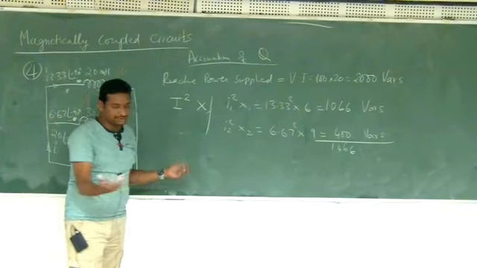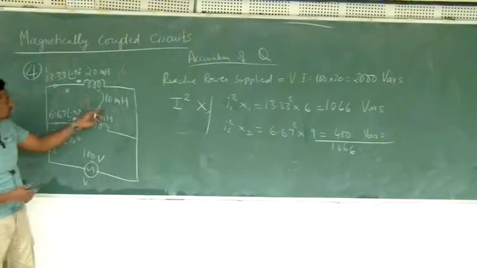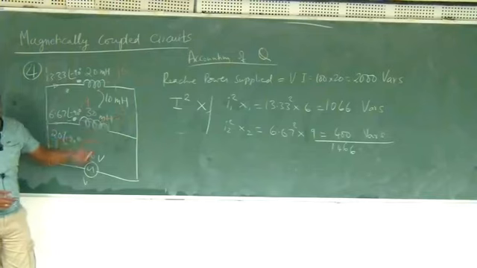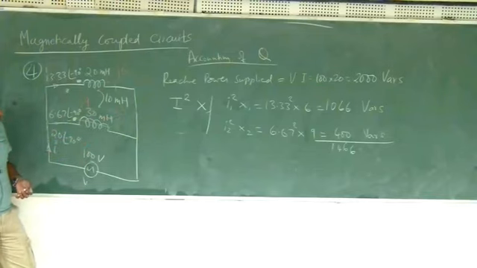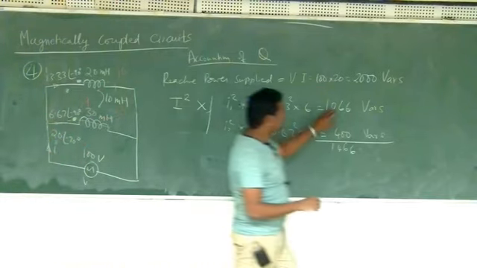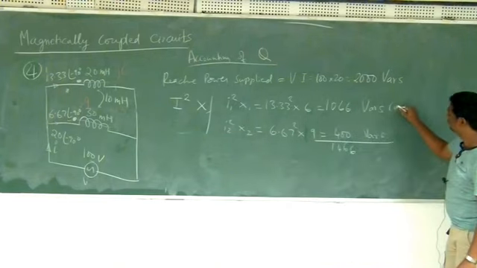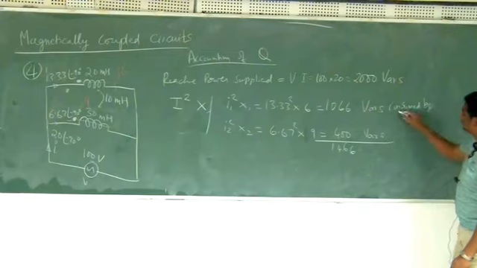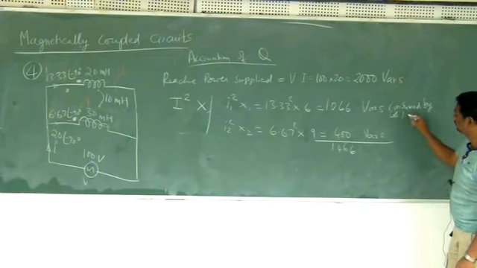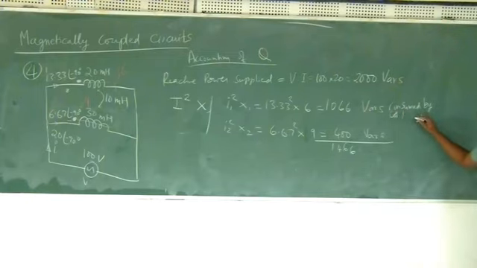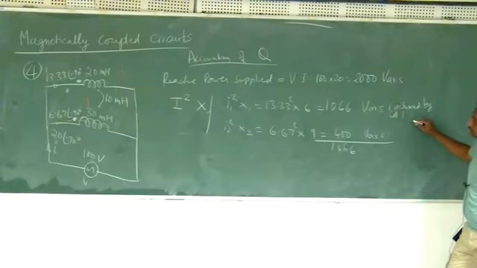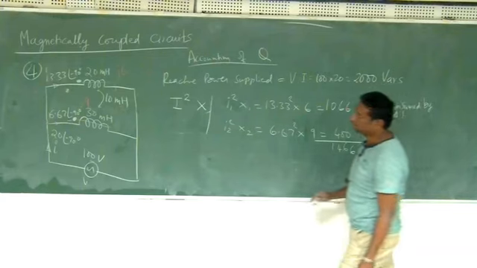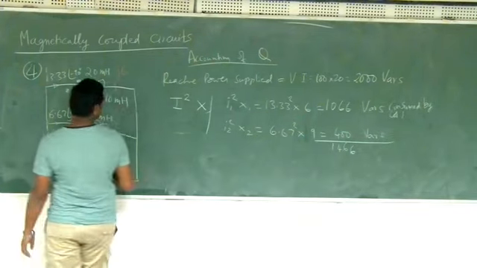Obviously you might have guessed it has something to do with this J3. So what are these watts? Watts consumed by coil 1 because of self-inductance of coil 1. So watts consumed because of this we will be adding now.